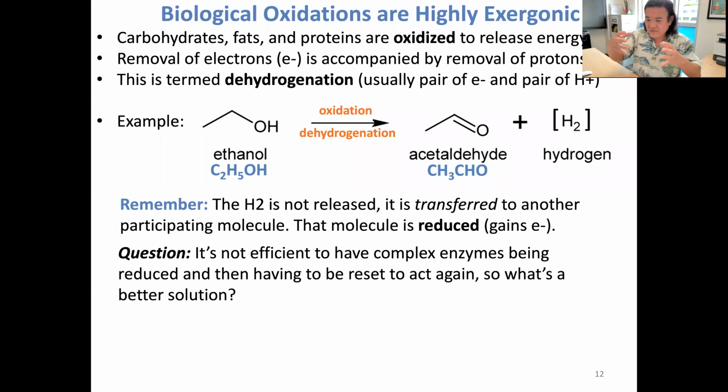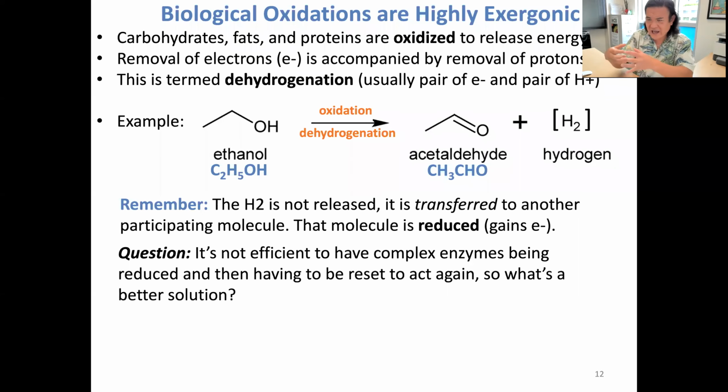So consider this. If enzymes often work by taking electrons off of a molecule, thereby oxidizing that molecule, converting the ethanol into acetaldehyde, if that enzyme that does that is now stuck with a pair of electrons on it, it can't work on another molecule of ethanol until those electrons are taken off of it, so it can go and grab another pair.